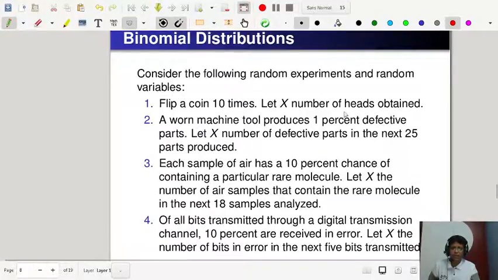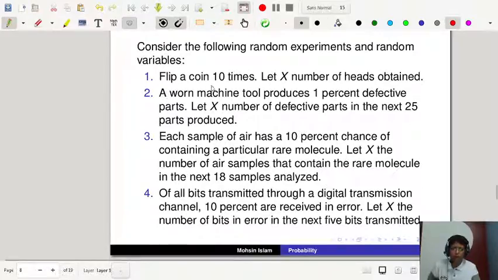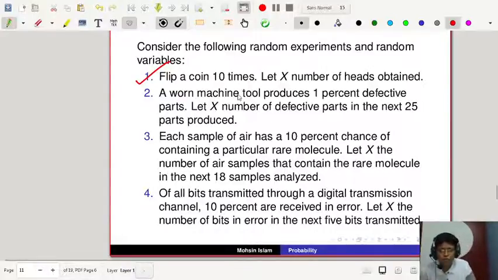These are the random experiments. Suppose you flip a coin 10 times. Let X be the number of heads out of 10. You have to use the binomial distribution. A machine tool produces 1% defective parts. Let X be the number of defective parts in the next 25 parts produced. This is also an example of binomial distribution. Next, each sample of air has a 10% chance of containing a particular rare molecule.